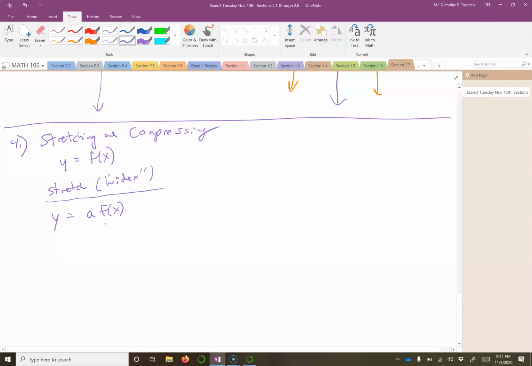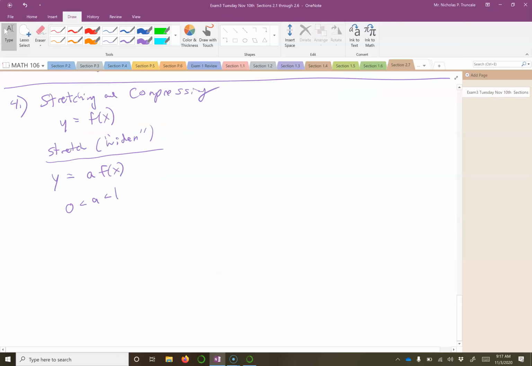It has to be between 0 and 1. So it has to be a decimal or a fraction. So here's an example. What if I had y equals x squared, and then I said g of x is 1/2 x squared. All right, so let's try to plot that.